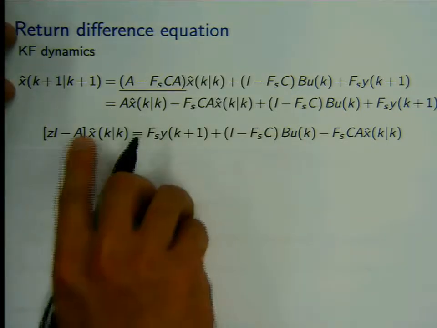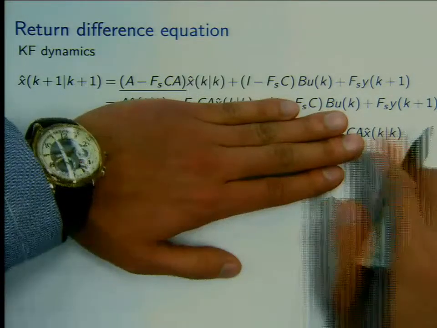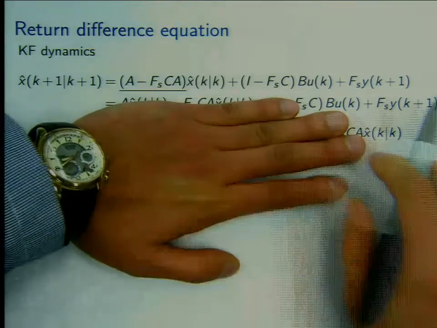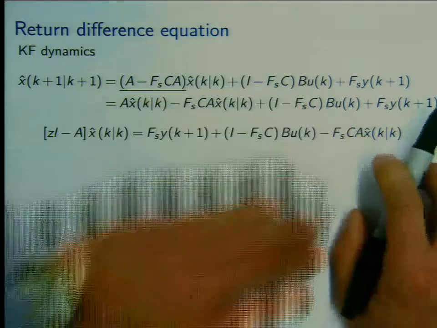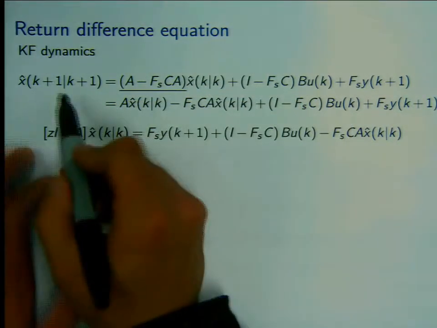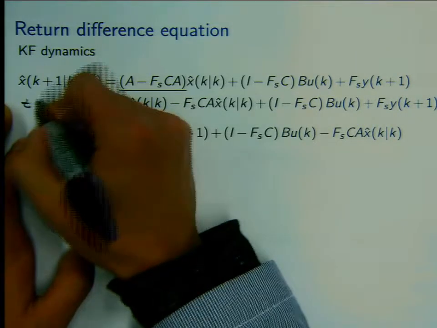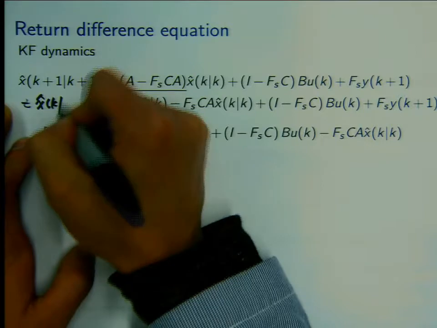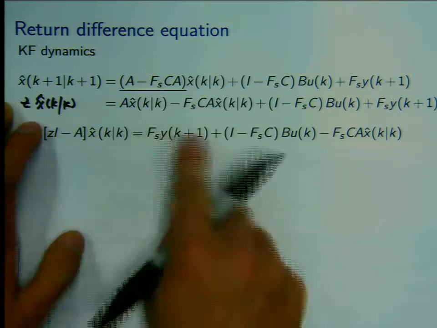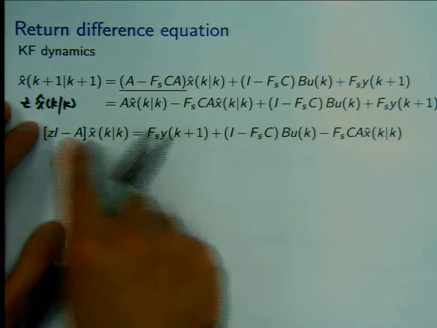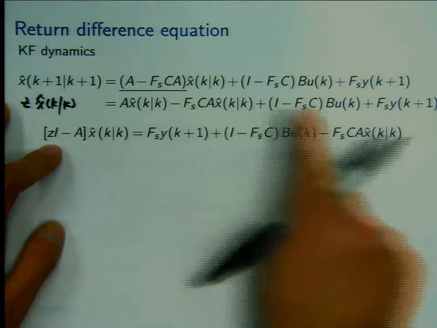We have the Kalman filter dynamics over here. The first equation over here, okay? If I do a Z transform of this, then on the left-hand side, it's going to relate to z x hat k|k. Then I can move this term to the left-hand side here. And these terms don't change.